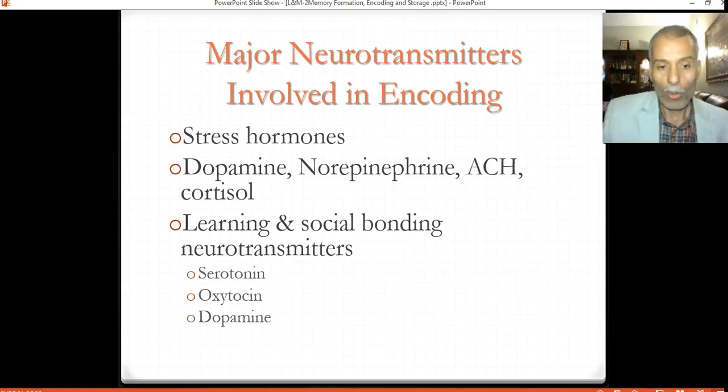When children have positive social experiences, they release oxytocin, and that facilitates memory for social events and memory for positive emotions and so on. So that is going to create the longing to be with the group, the association with the group, belonging.